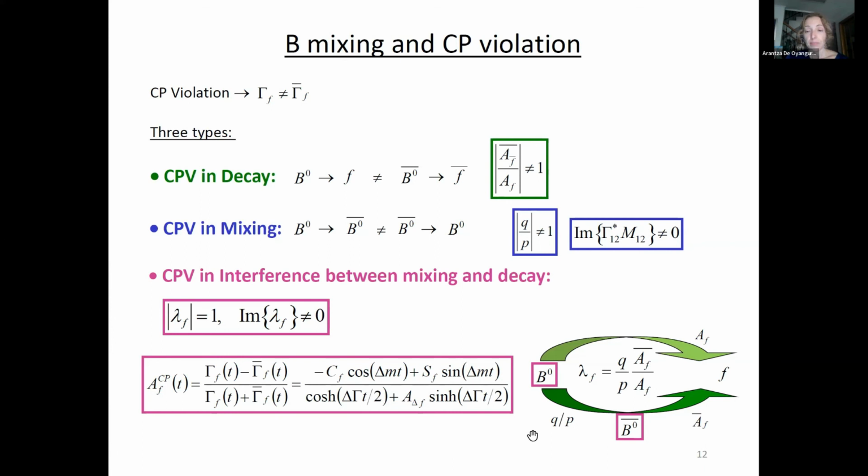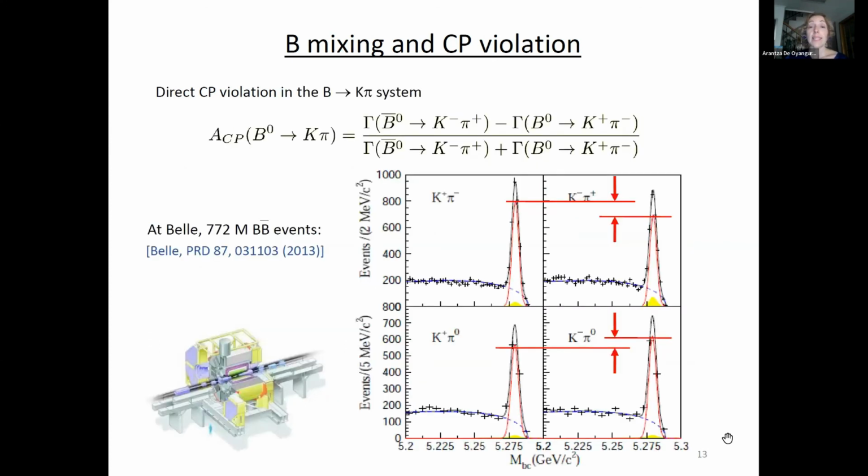You can do this because you can have a state which is decaying to a final state, and that it is also possible to access via the oscillation to an anti-state of the initial state and decaying to the same final state. Okay, I will show you a bit more. The direct CP violation in the B system has been very well measured.